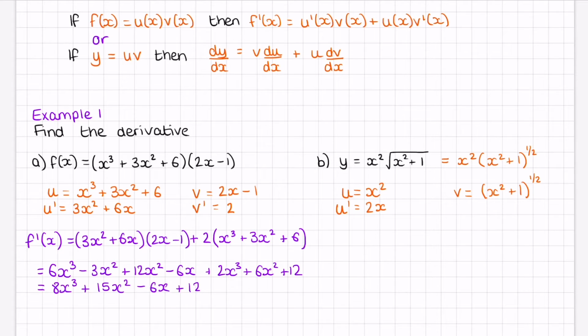Derivative of v, you'll see this is a chain rule, so you need to apply your chain rule steps. And when you do that, we will get x times x squared plus 1 to the power of negative a half. So that's just your chain rule. So if you need to go and do the chain rule steps to be methodical as you're still new, go for it.